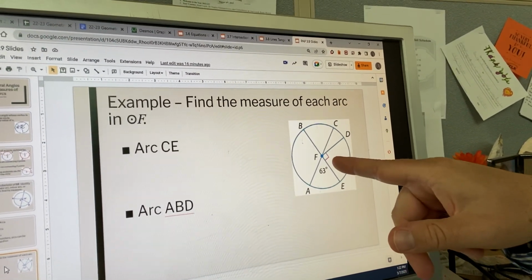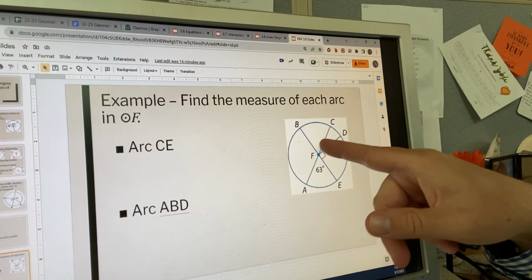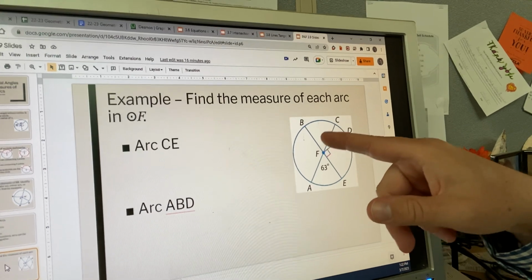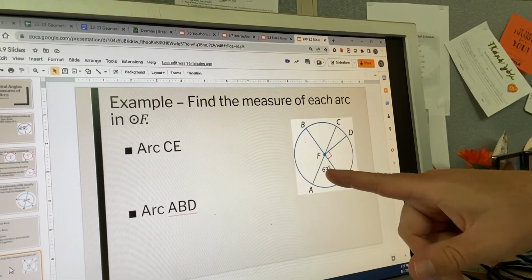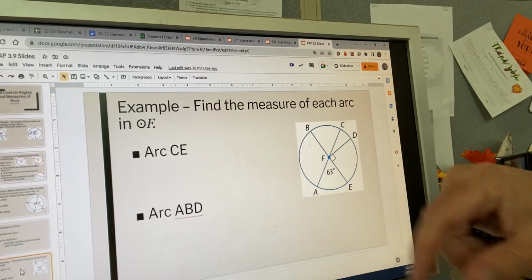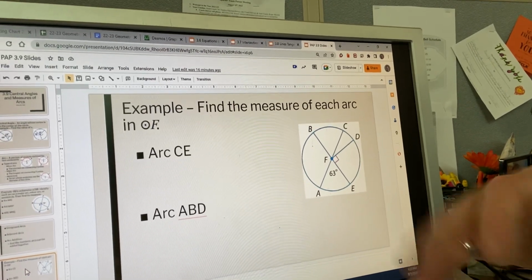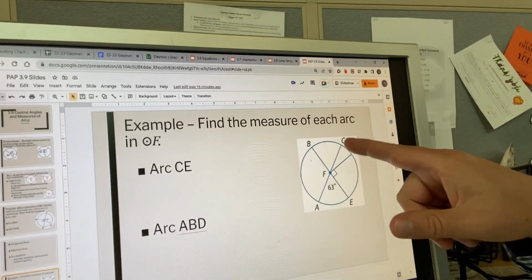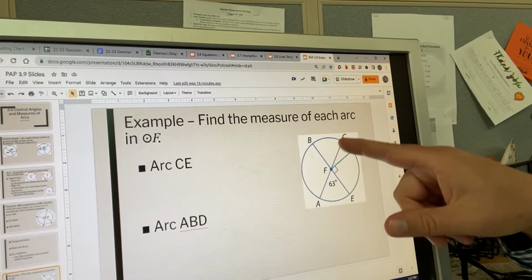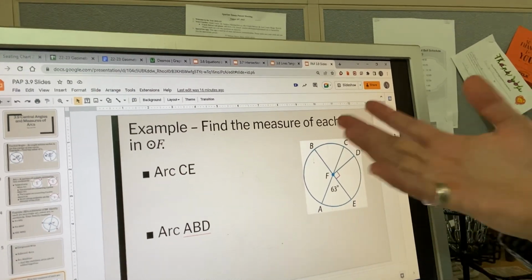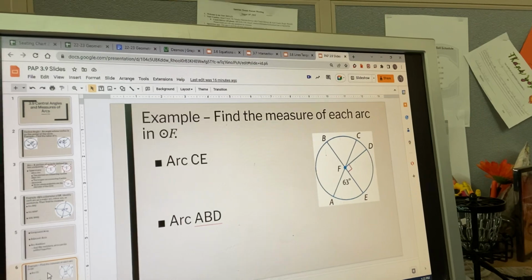So 180 minus 90 would be 90 over here. And then this part is 63 because it has to be congruent. Okay. So if that's 63 and that's 63 and this makes that into 90, we're missing 17. So 90 plus 17 would be 107 for the angle that's CFE. So arc CE is that exact same measurement, okay?